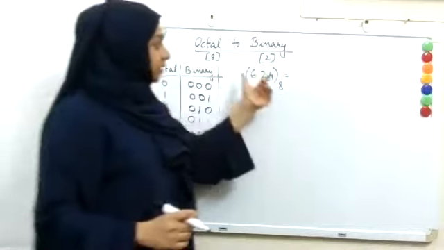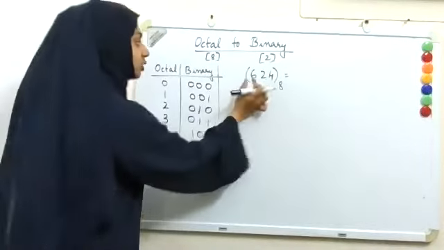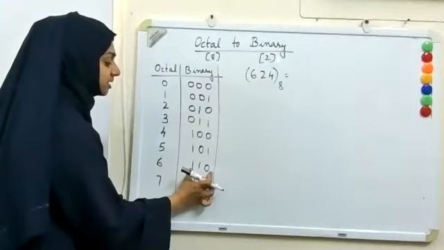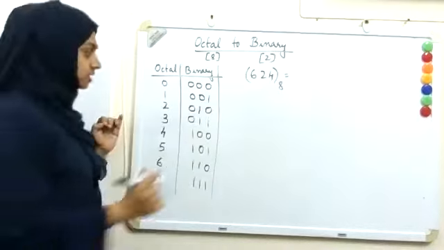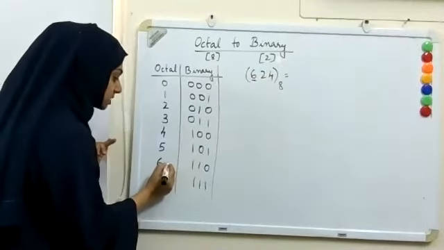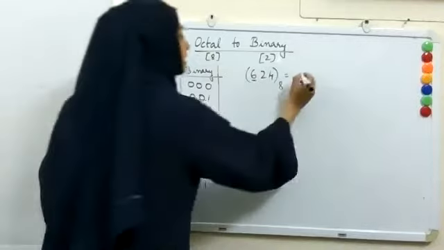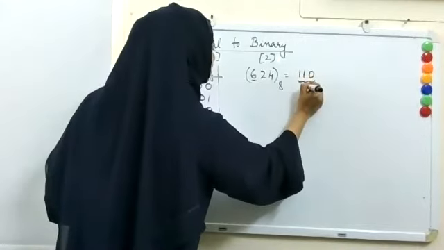Now, to convert this octal to binary, corresponding to each number, we will take from this table the binary number and put it there. Okay, so the first digit is 6. So corresponding to 6, what is the number? 110. So I'll put 110. This is corresponding to 6.